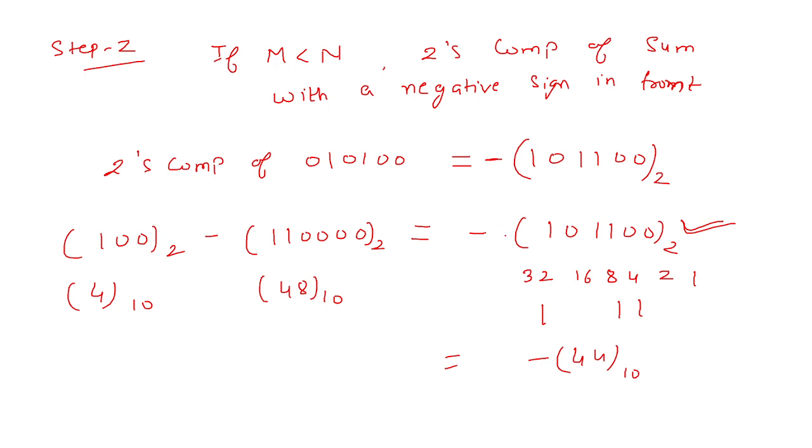And here we are getting minus 101100. So this is the result of m minus n when m is less than n. And we have verified that 4 minus 48 is nothing but minus 44. That is satisfying this result.